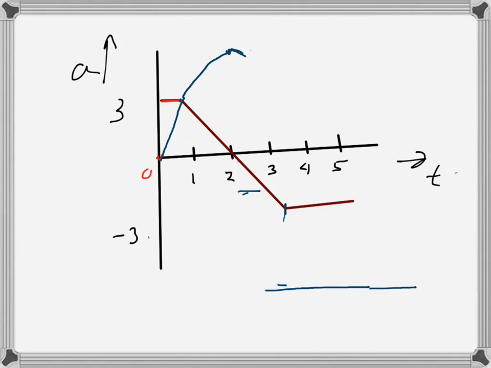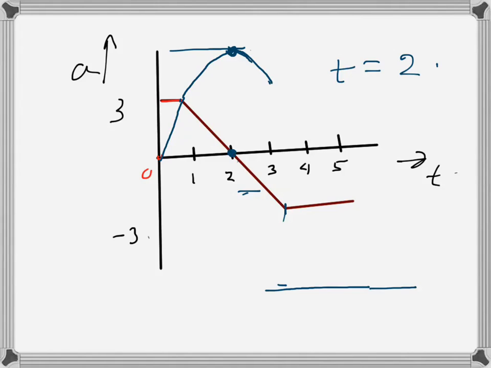Up to then it would be a concave down shape. So we can see the velocity has reached the maximum when the acceleration is 0. So at t is equal to 2, the velocity is maximum.